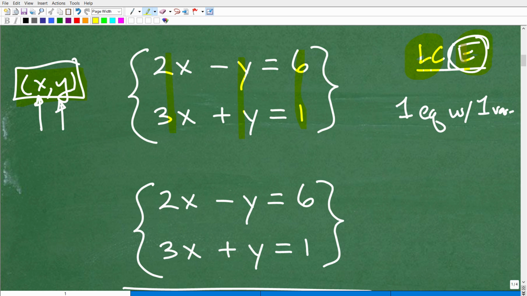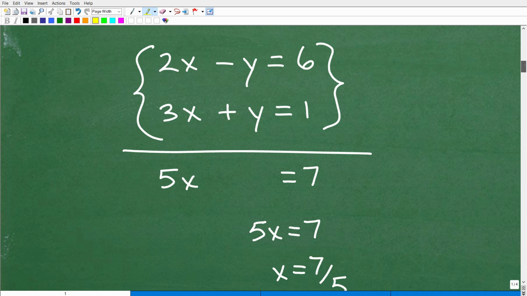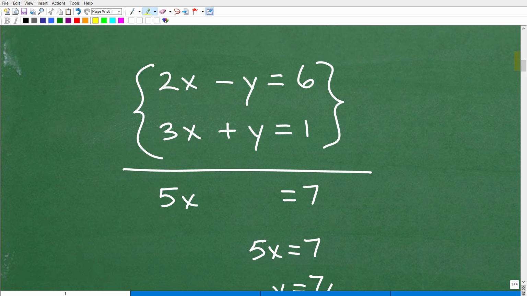You really want to check out some of my more formal instruction on this, like in either one of my algebra courses and some of the videos I've done on YouTube. But let's go ahead and see how this works. So I'm thinking to myself, well, if I could sandwich these two equations together, in other words, just add these down to form a new equation, I have an opportunity to eliminate one of the variables, and that's what you want to do.